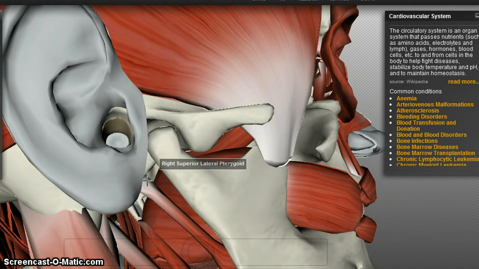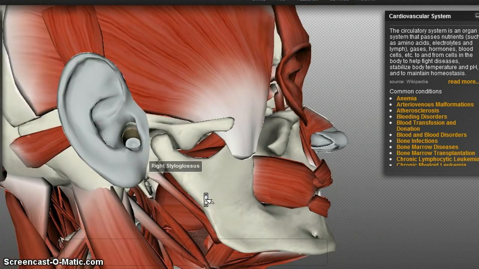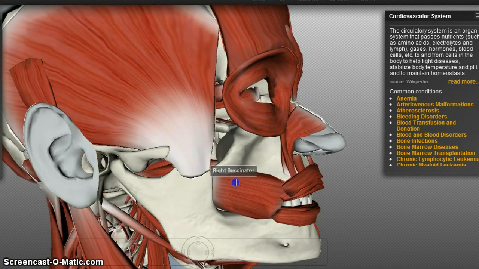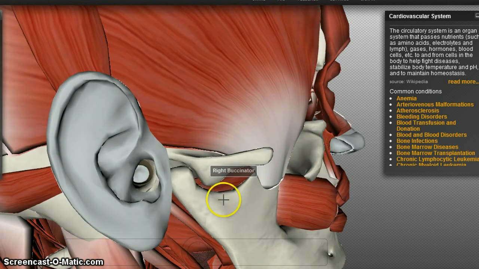The action of these two muscles together is to protrude the mandible and to allow side-to-side movement. Now the final muscle of mastication is the medial pterygoid. I showed you where it originates from before.